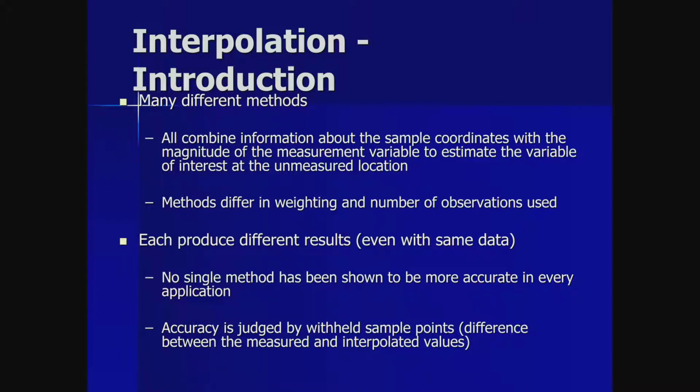And the best way to judge accuracy is by withholding some of the sample points from the interpolator. So if we're going to do an interpolation, you withhold a subset, maybe 10% of the points, and then do the interpolation and figure out how far off those points are on average. Because if you have 10, you can come up with an average. Sometimes in statistics, we call that a residual.